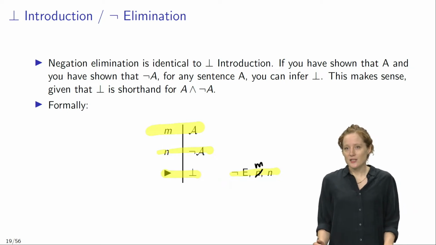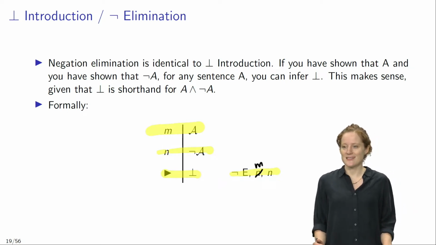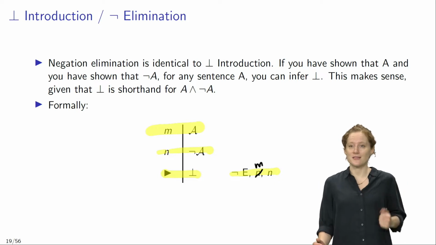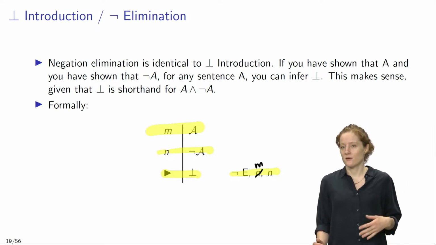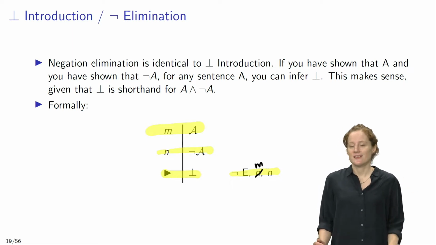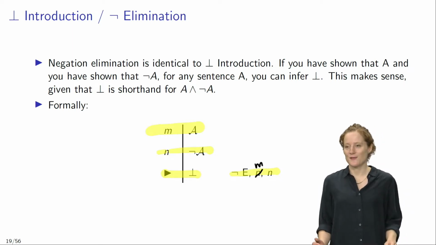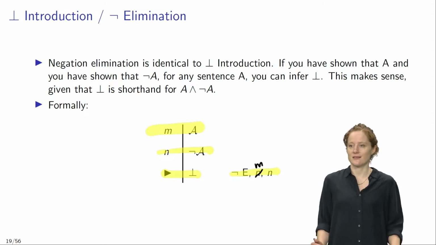And the elimination rule for a connective tells us what we can infer from a sentence that has that connective as its main connective. So negation elimination tells us what we can infer from a sentence whose main connective is the negation operator. And now it just so happens that these two rules coincide.